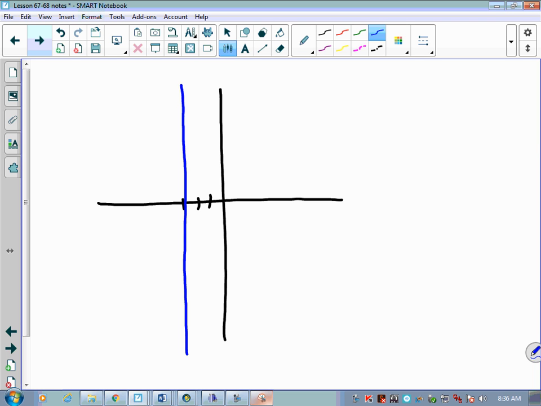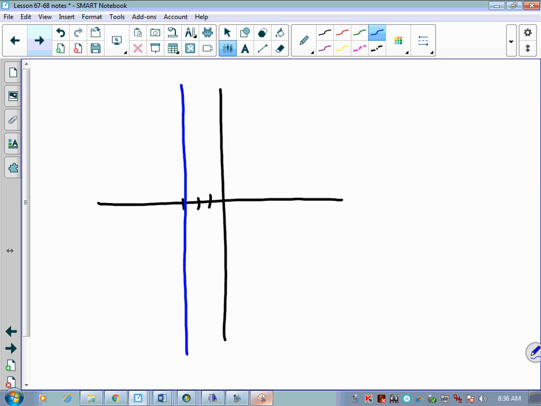What I want you to know about a parabola in relation to its directrix is it's always going to open away from the directrix. So if my directrix is a horizontal line, then my parabola is either going to open up or down. If my directrix is a vertical line, then my parabola is either going to open left or right, based upon where that directrix is.